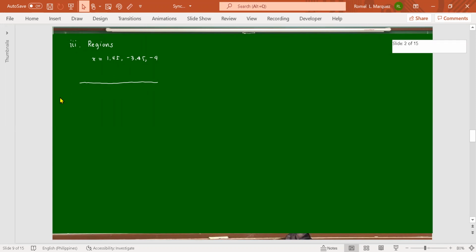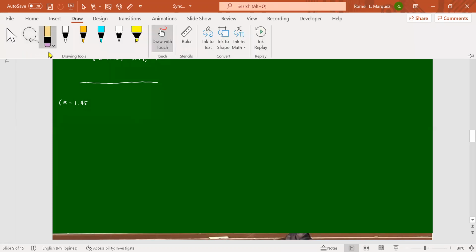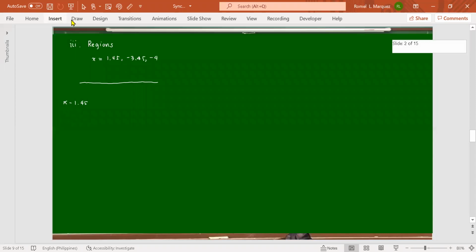Then, ano yung factors? Yung factor actually, approximate na lang natin, ha? X minus 1.45. Ito yung nasa numerator. Tsaka x plus 3.45. Pero approximate lang to, ha?